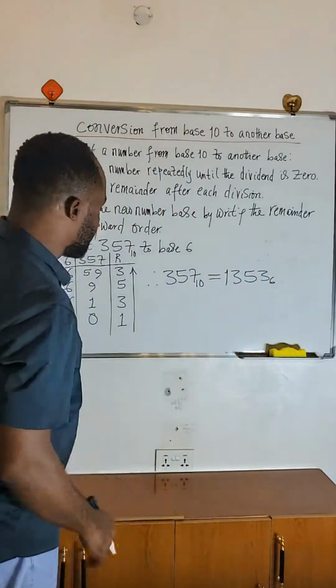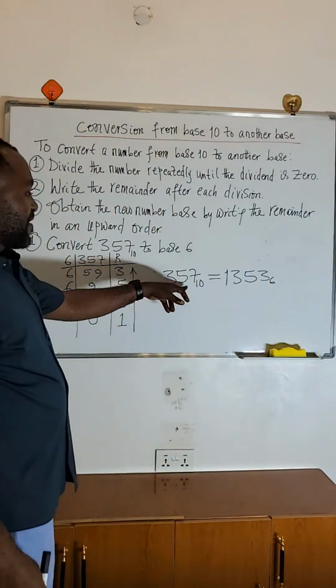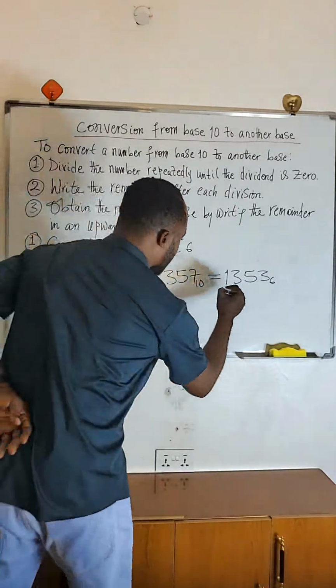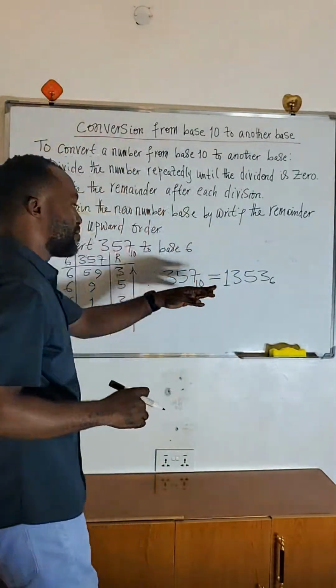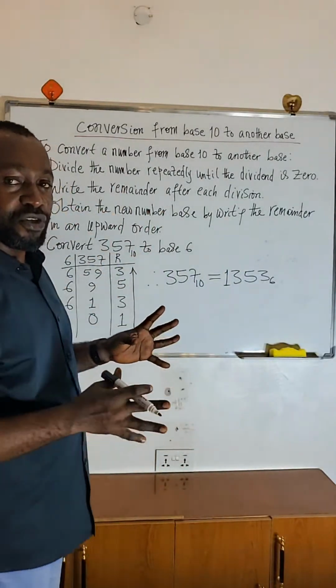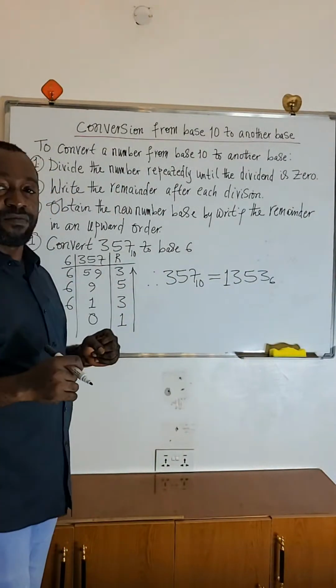So you can see that 357 in base 10 equals 1353 in base 6. So that is the solution to that first example.